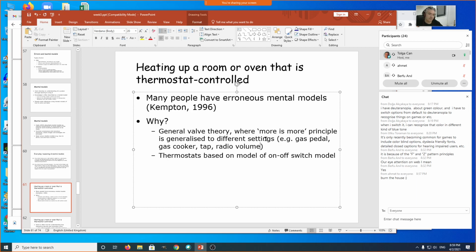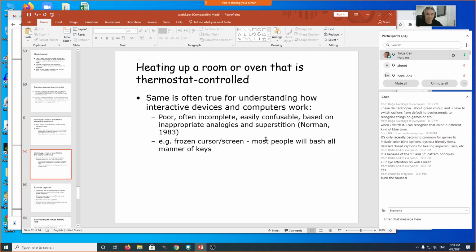So these are all different interface models in which the valve theory is applicable. But thermostats, if they are based on on-off switch model, applying this valve model to them really doesn't make sense. Okay, so we also make different mental models. For example, when a screen freezes, most people will try to hit their monitors, because something freezes.